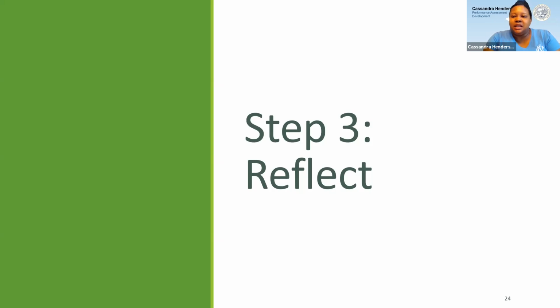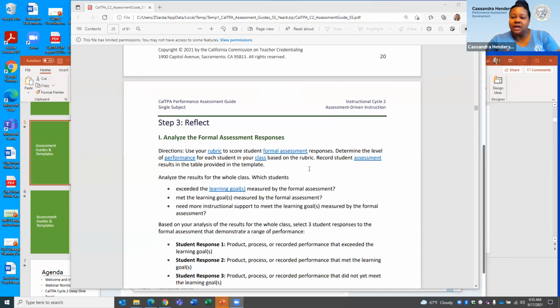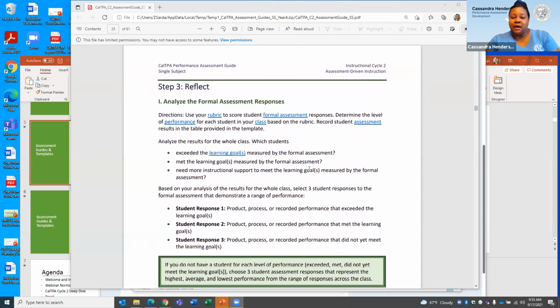A lot of times candidates want to simply restate what they did. They really need to draw evidence from steps 1 and 2, and explain the how and why, and what that tells them about what the students learned and about their teaching. As I said for cycle 1, they have these puzzle pieces. They really need to fit the puzzle together for the assessor. The assessor should not need to guess the why and the how.